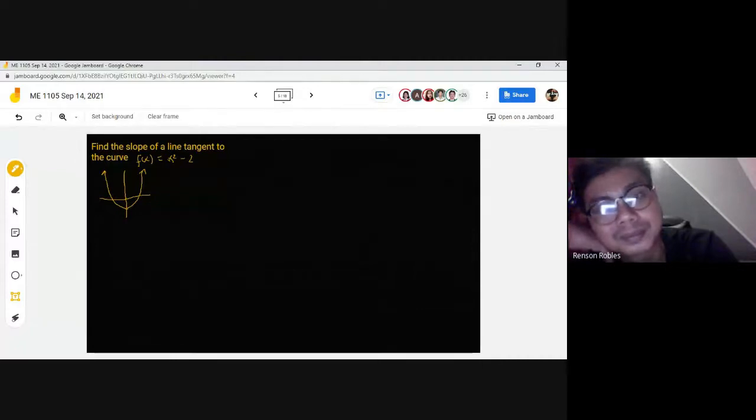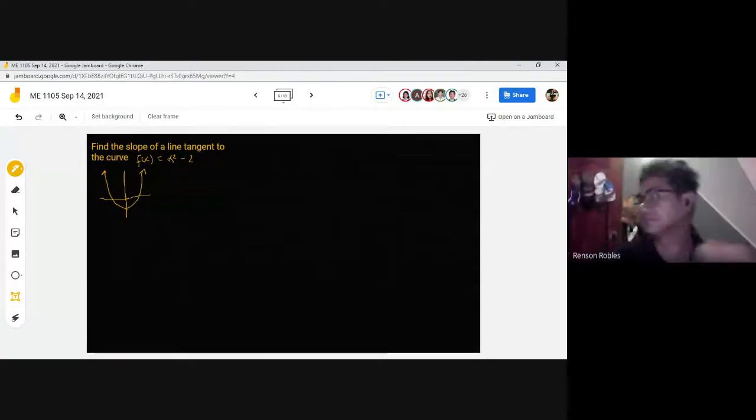Ulit ha, a tangent line is a line that will pass through the given curve. How many? One. You look at the curve and then you think. Any input?